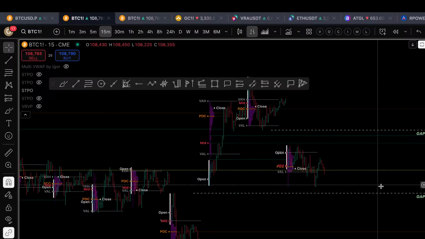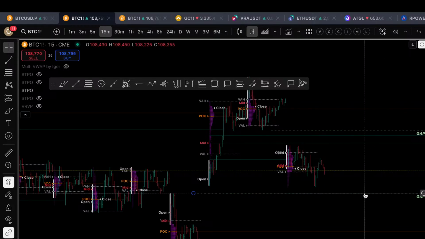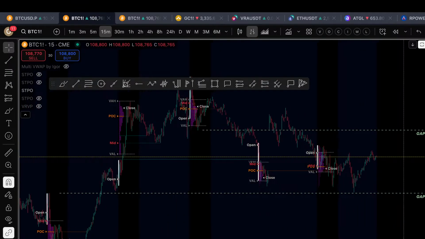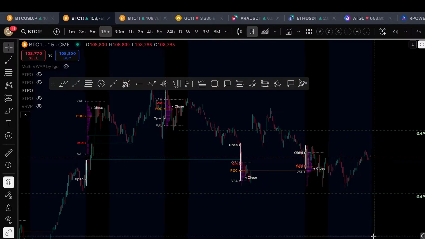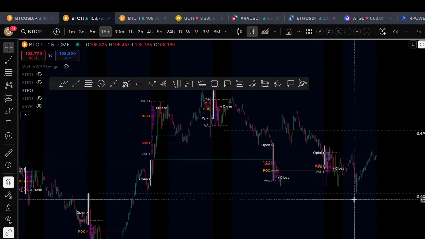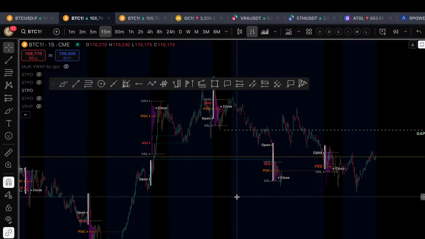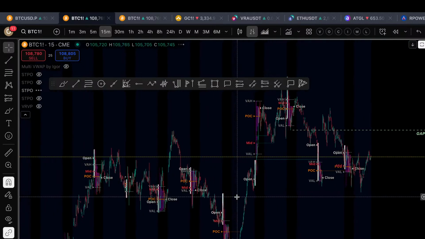And going below one more time. Where are we right now? Okay, we bounced off that gap. So this gap is no longer valid. It's basically filled. But do we have any other level below us?